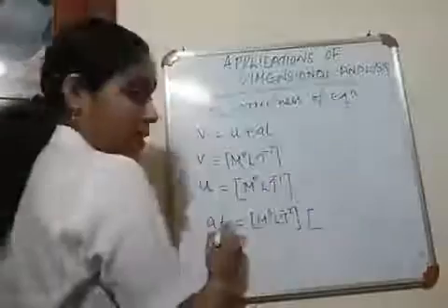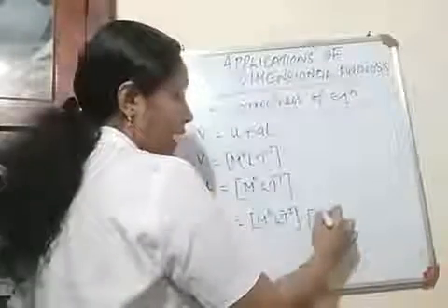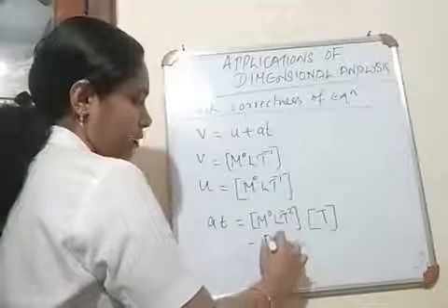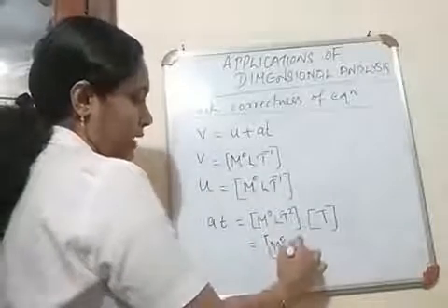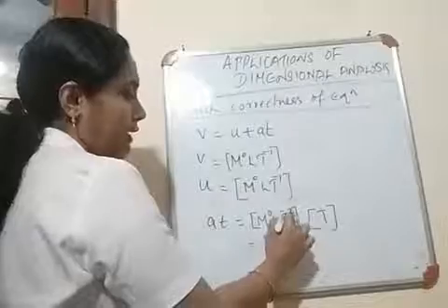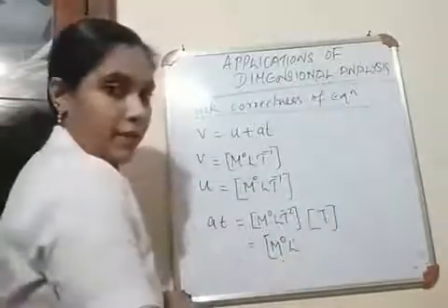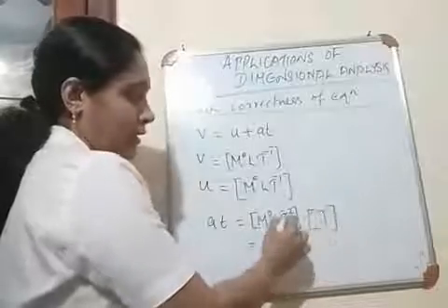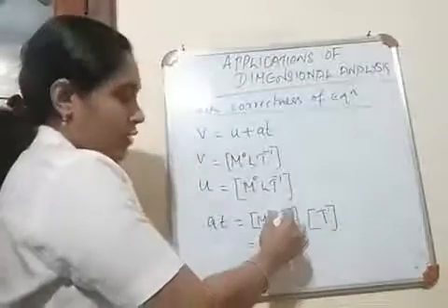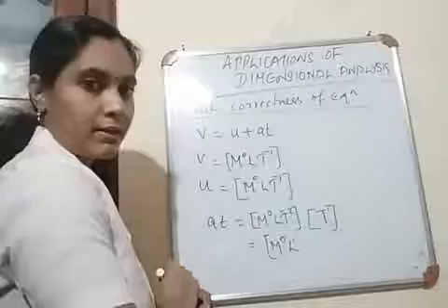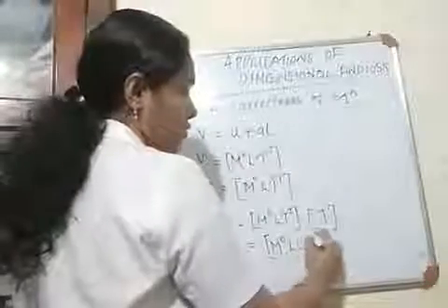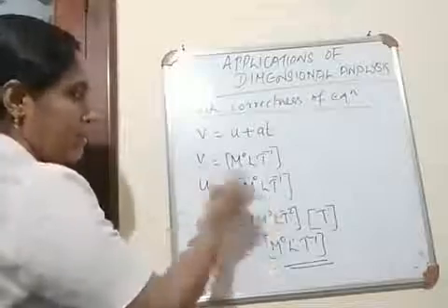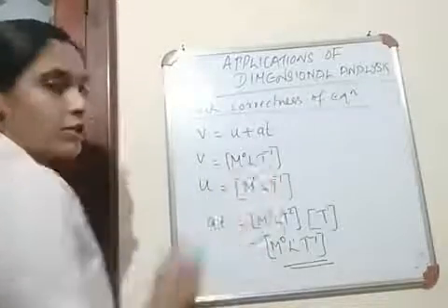The dimension for time is T. Next, just multiply: M raised to 0 L raised to 1, then we have T raised to minus 2 into T. Here the power of T is 1, here the power of T is minus 2. So minus 2 plus 1 is minus 1, so T raised to minus 1. So this is the dimension of at. This is the dimension of u. This is the dimension of v.